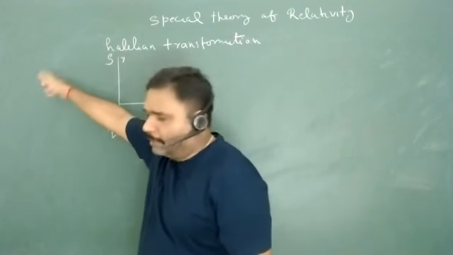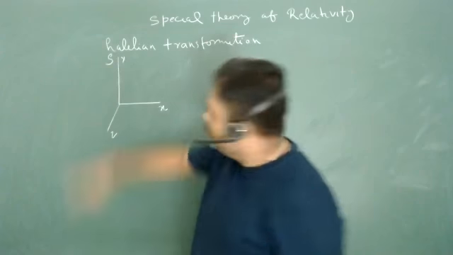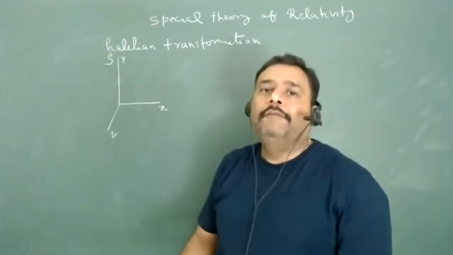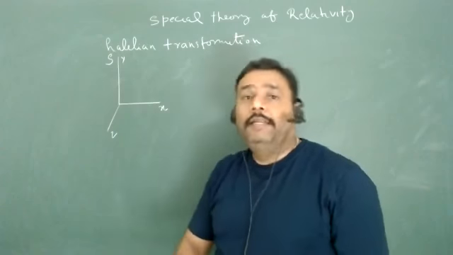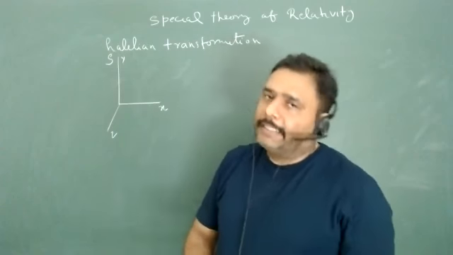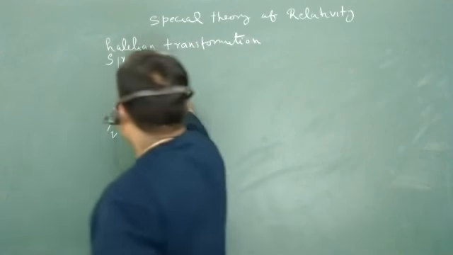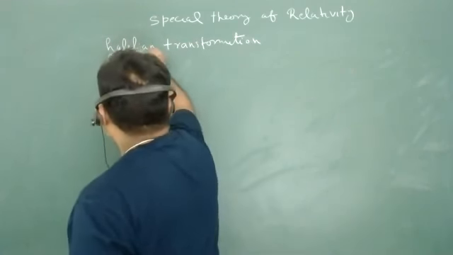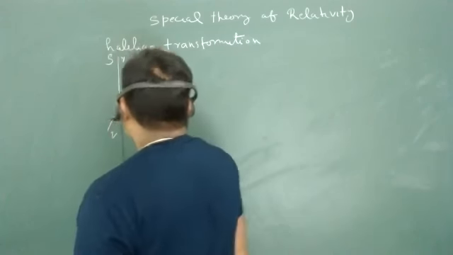I am not concerning about that frame. I am starting with S frame actually. And then I will define a new inertial frame that is identified as S dash frame.